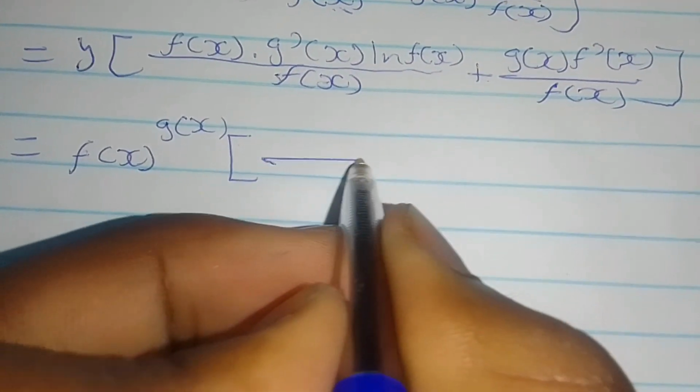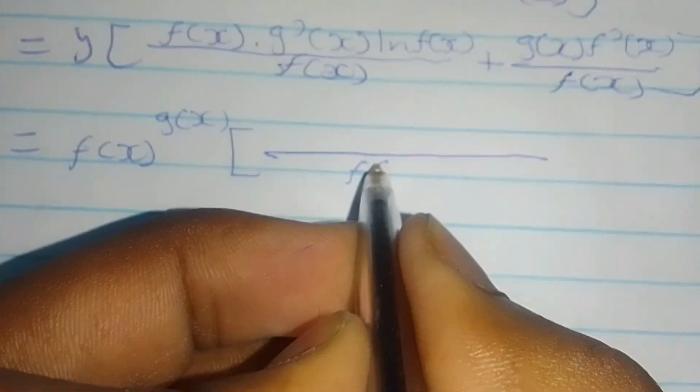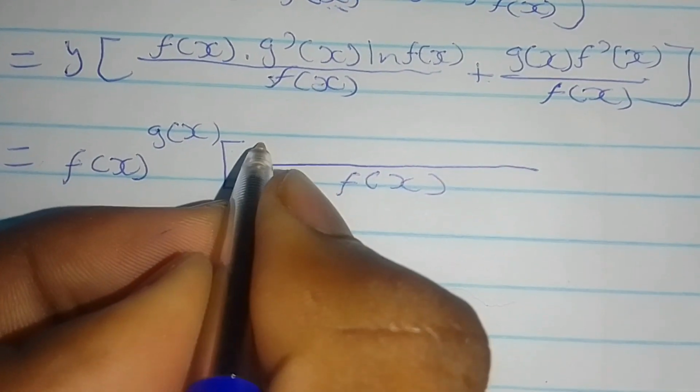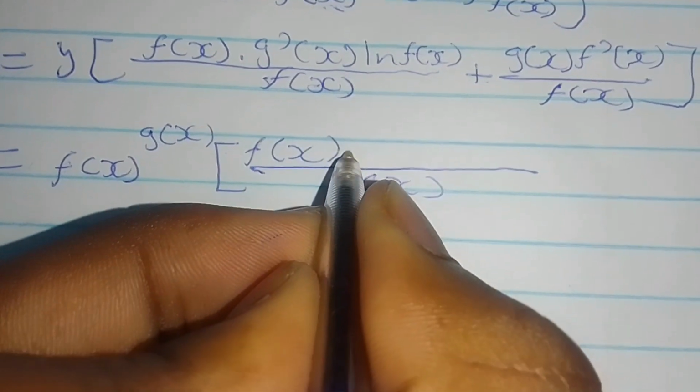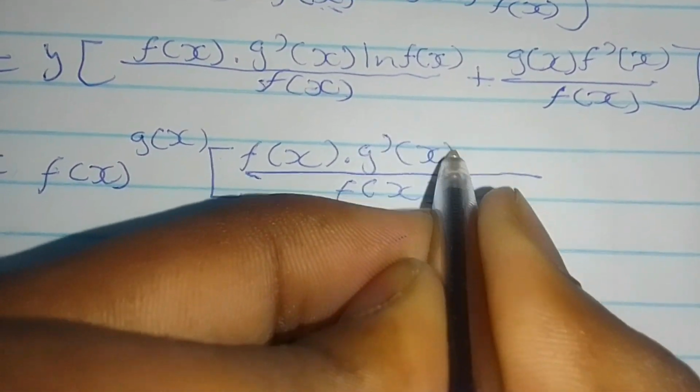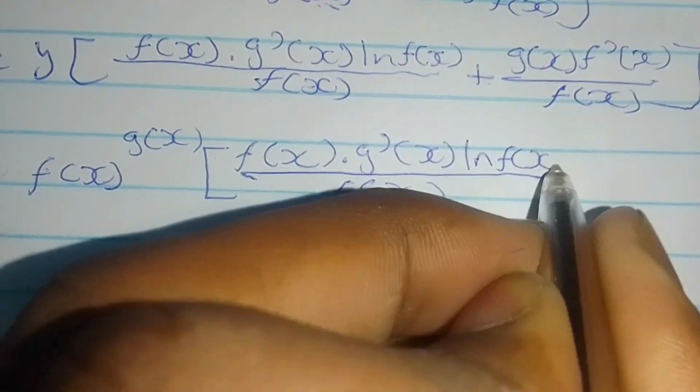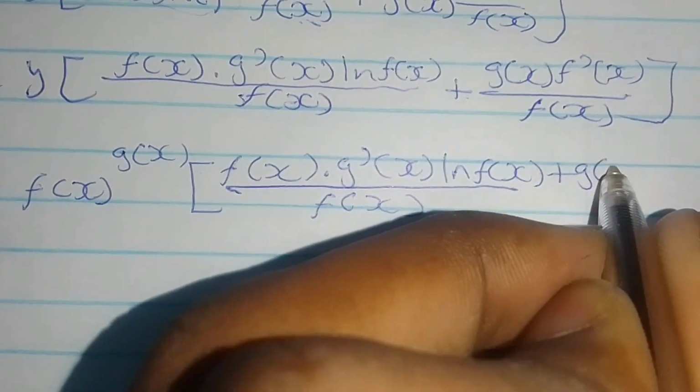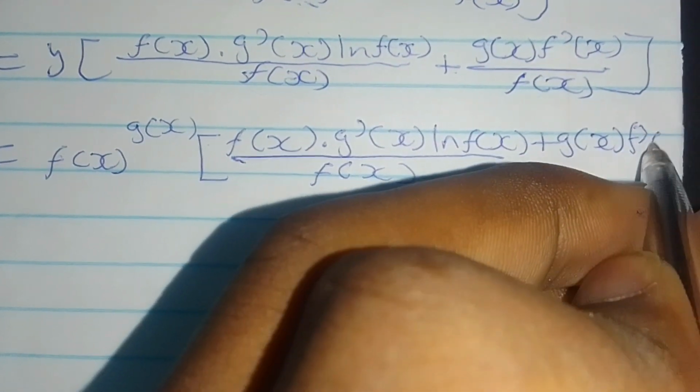Since the denominators are the same now, I can basically just add these. I'm going to have f of x as the denominator. Then I'll have f of x multiplied by g prime of x multiplied by the natural log of f of x, plus g of x times f prime of x.